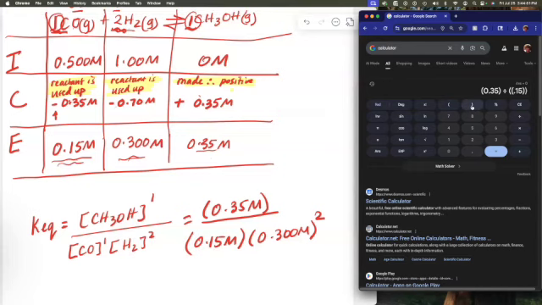Close parentheses. Open parentheses again, that means you're multiplying by this number right here, 0.300. And then here I'm going to square. Do we have a square function? I guess this is square. Oh yeah, square. Close parentheses, close parentheses. So it should recognize that whole number on the right, the 0.15 times 0.300 squared, as the denominator. Let's see how it plays out.